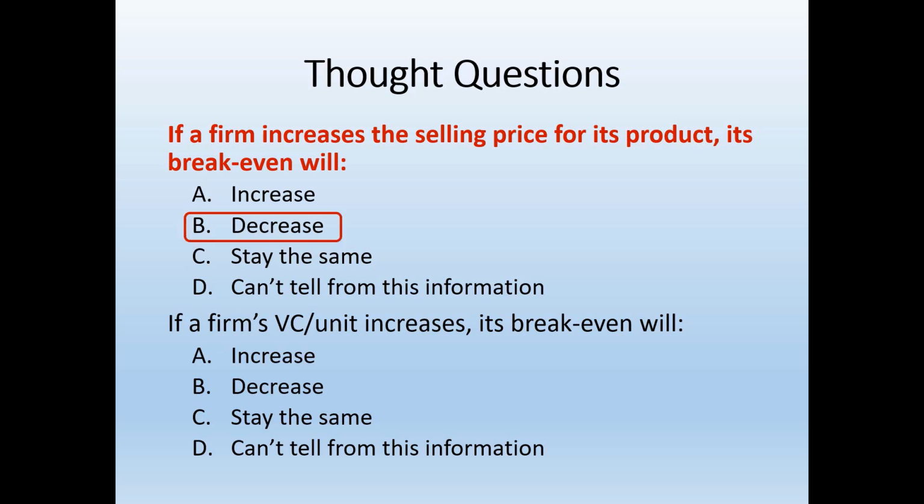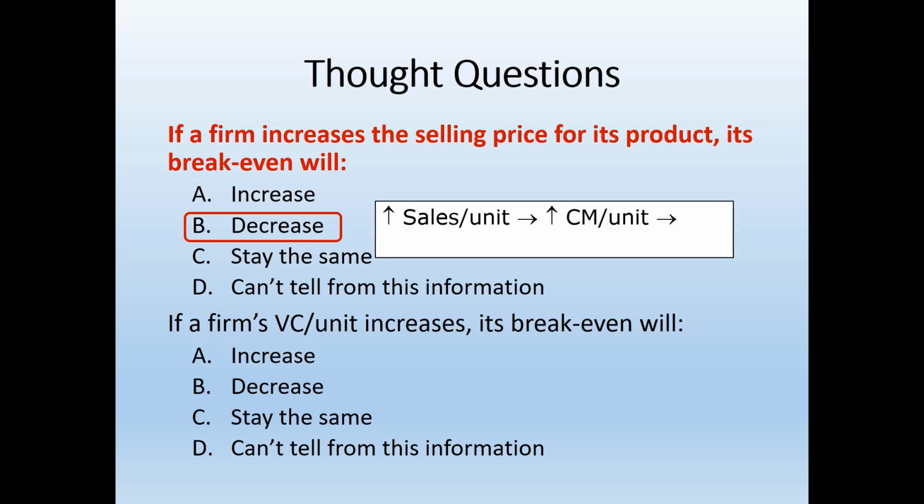That's right, the break-even will decrease because as the sales revenue per unit goes up, that's going to make the amount that the firm can contribute bigger. Therefore, the firm will need to sell fewer units to break even.